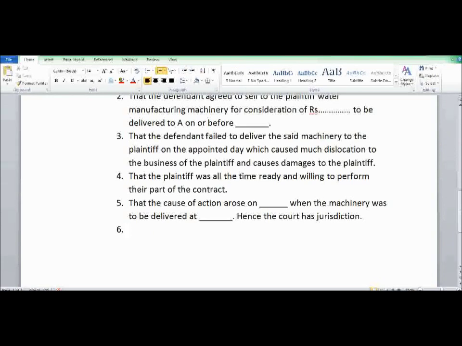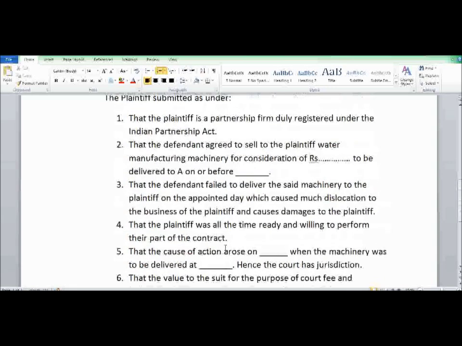It always decides the cases according to the pecuniary limits. So we will just tell the court in this point that it is qualified enough to decide this matter when it comes to pecuniary limits. The court has jurisdiction.